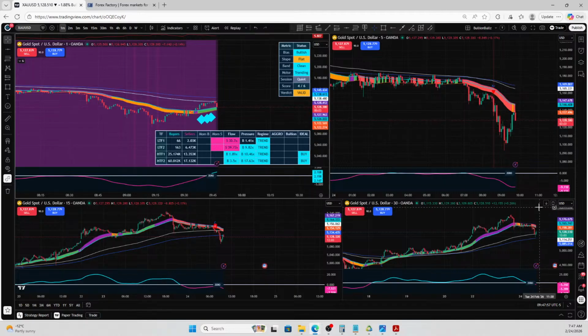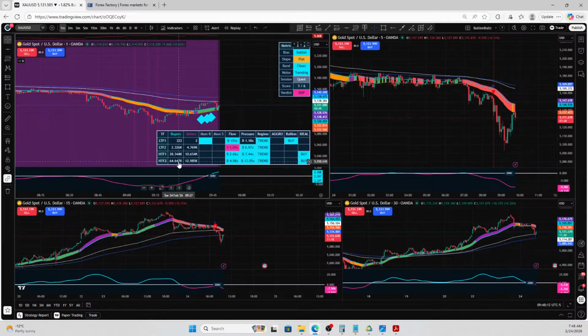Last but not least, we're looking for volume to tie into our higher time frame direction, which is we need to have more sellers than buyers. If that is the case, we will be looking for our setup to form. And once our setup forms, we will take our trade. So right now we're just waiting.